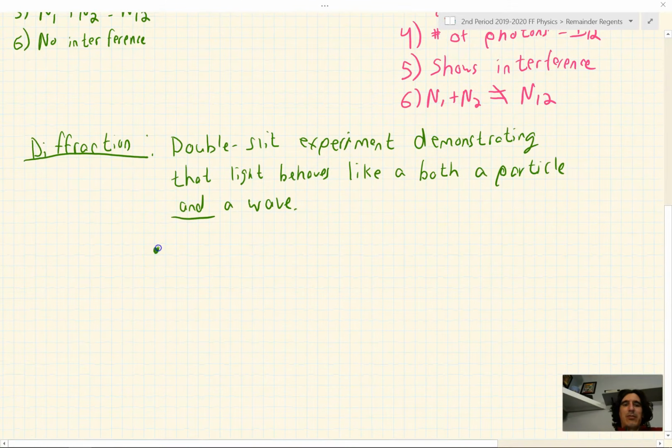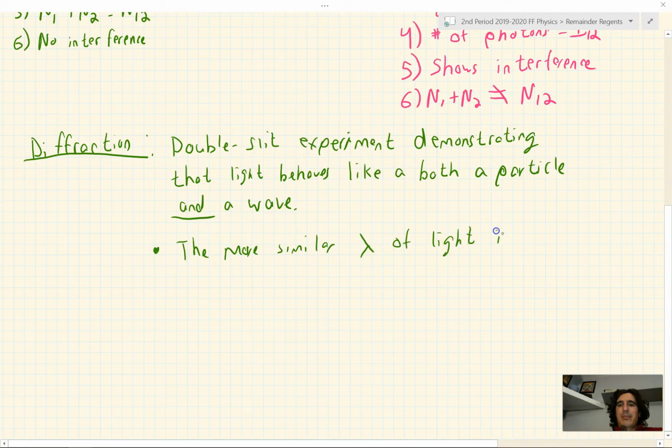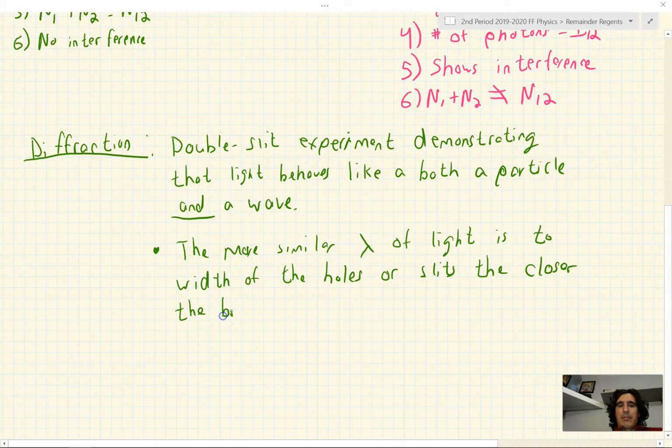So we can say, lastly, that the more similar the wavelength of light is to the width of the openings or holes, we'll say the holes are the slits, the more bright spots we'll see, or the closer the bright spots will be. And we could say that means that there is more diffraction.